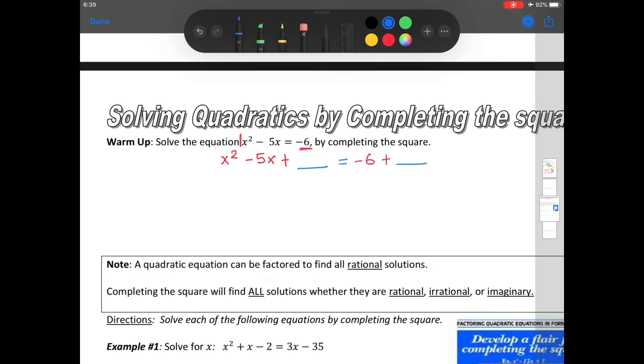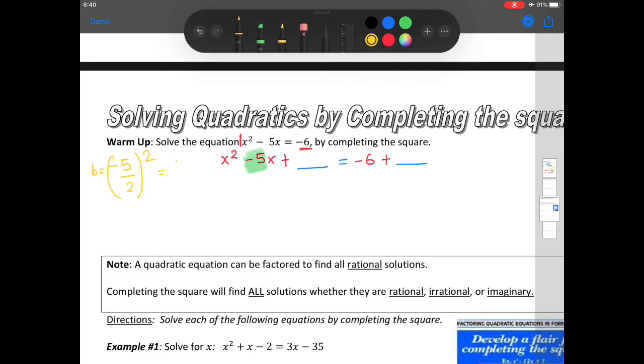Now, how do I find what number goes in there? This is the most important part to remembering how to complete the square. Do you see this number, this b? You basically take your b, which is negative 5. I'm going to say b is equal to negative 5. You're always going to divide that by 2 and always going to square it. So what is that equal to?